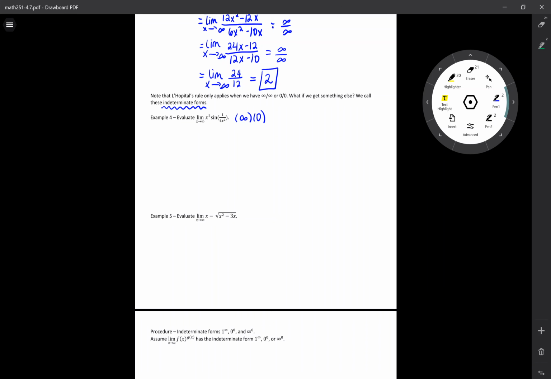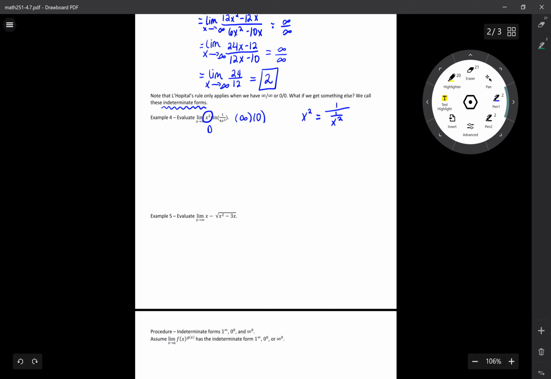So how I am going to do this is I'm going to take this x squared and I'm going to divide this whole function by the reciprocal of x squared. So remember, x squared is the same thing as 1 divided by 1 divided by x squared. So this is the trick that we are using. I'm going to rewrite x squared as 1 divided by 1 divided by x squared.